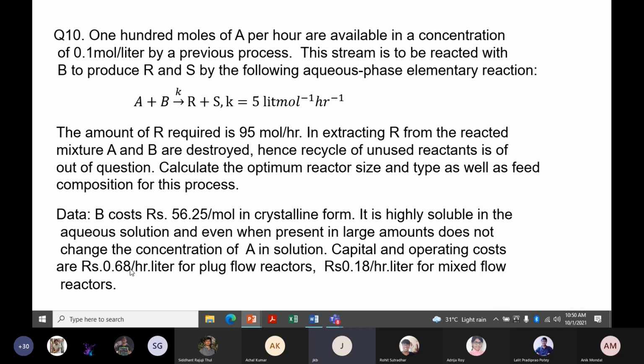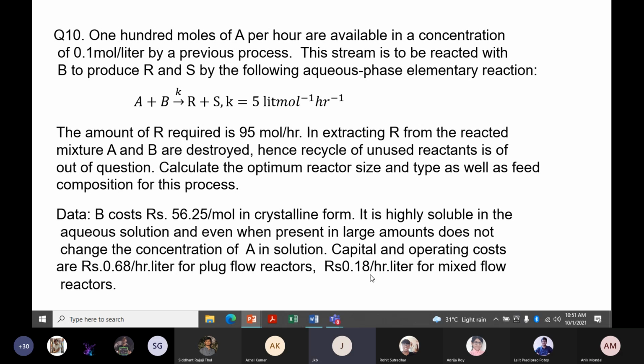are 0.68 for plug flow, 0.18 for mixed flow, on hourly basis per liter volume of reactor. That is per liter of plug flow reactor, it is 0.68 rupees per hour. And per liter of mixed flow reactor, it is 0.18.